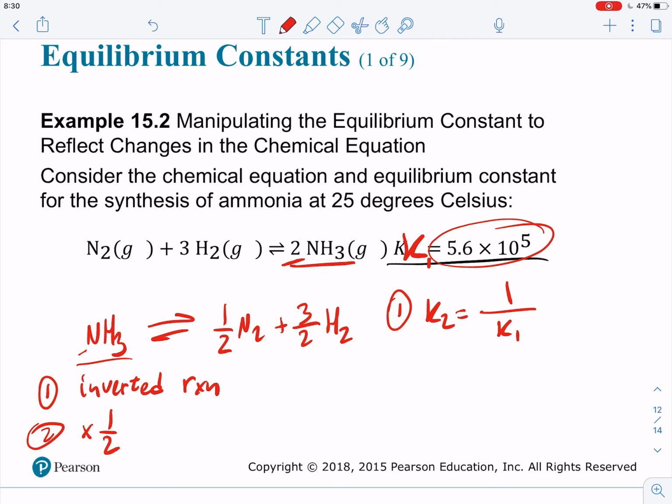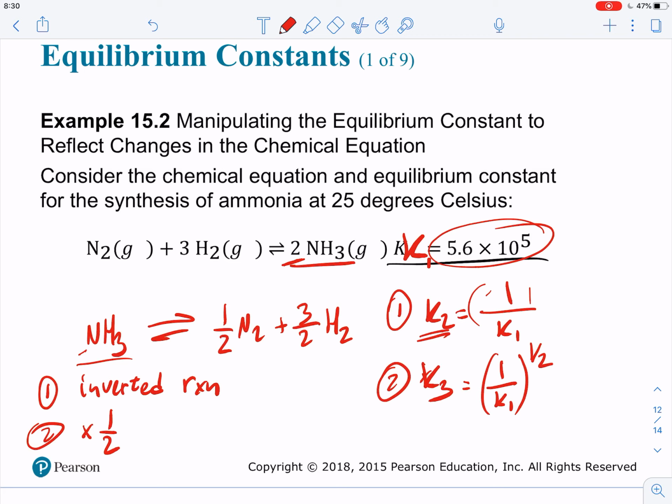And then in the second step, K3 is going to be K2 raised to the power of 1/2, but K2 is this, so K3 is going to be 1 over K1 raised to the power of 1/2, which pretty much is 1 over K to the power of 1/2.